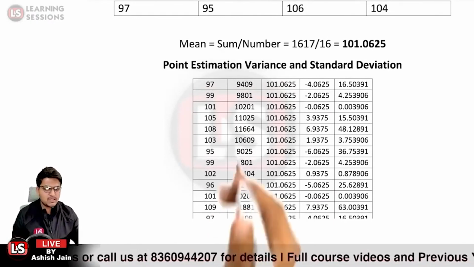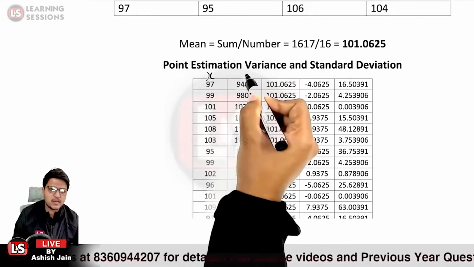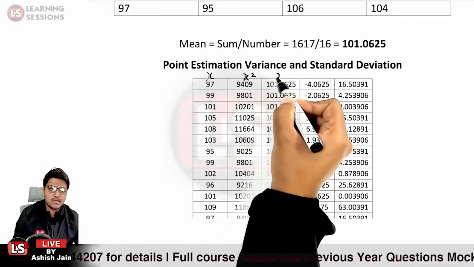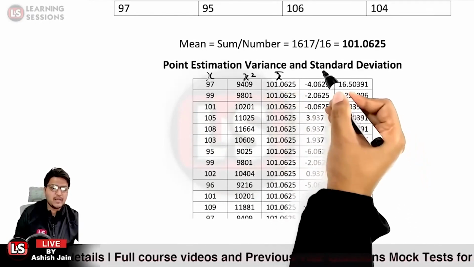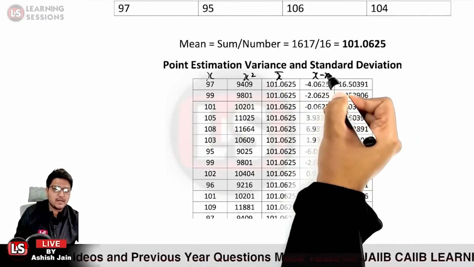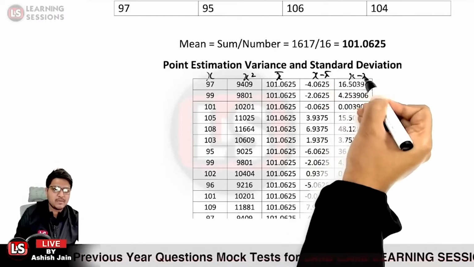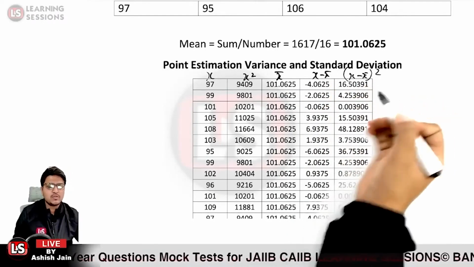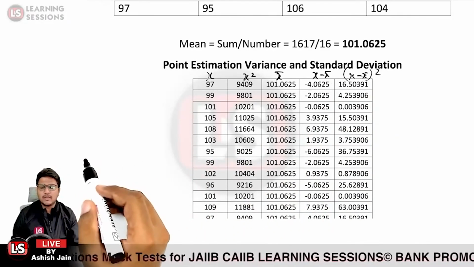Further, we calculated for the different entities. In the first column we have written x, in the second column x square, in the third column x bar, in the fourth column x minus x bar, and in this term x minus x bar square. This is to calculate the standard deviation.